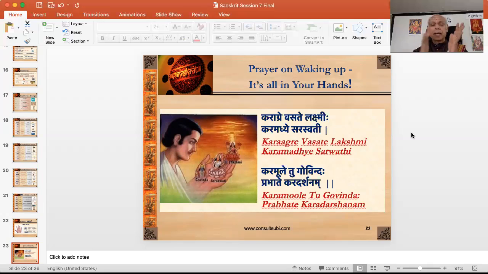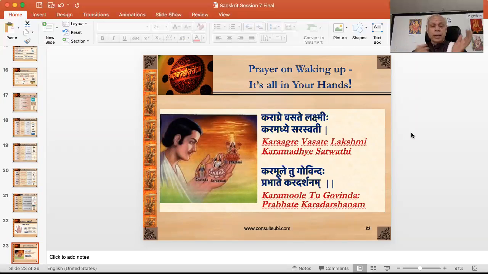Kara Madhye, in the center, in the palm. Kara Madhye Saraswati. The verb Vasate is not there, but it still means Kara Madhye Saraswati, in the middle of the palm of the hand, Saraswati, the goddess of knowledge, lives.